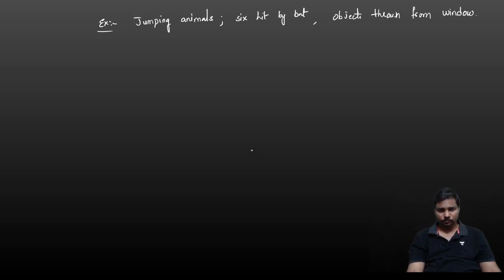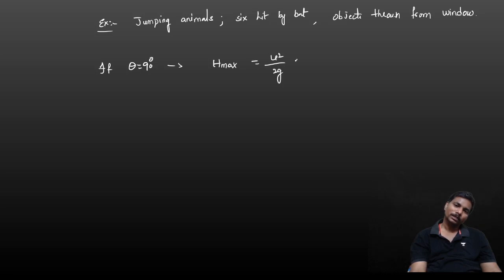For example, if theta is equal to 90 degrees, then what is the H max? U square by 2G sine square theta. If you substitute theta equal to 90 degrees, then H max is equal to U square by 2G. So we got the same formula.